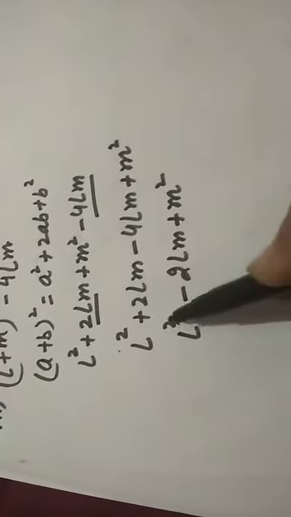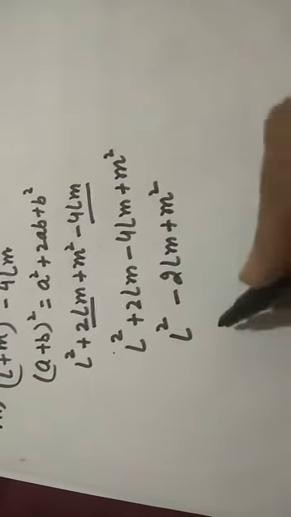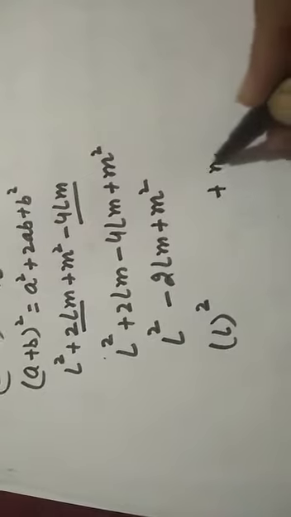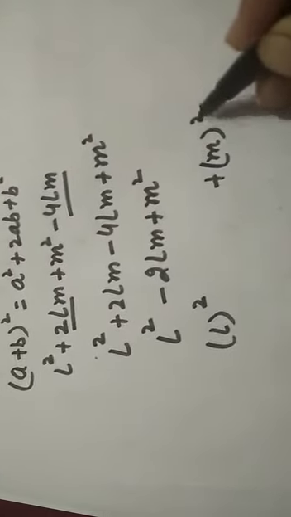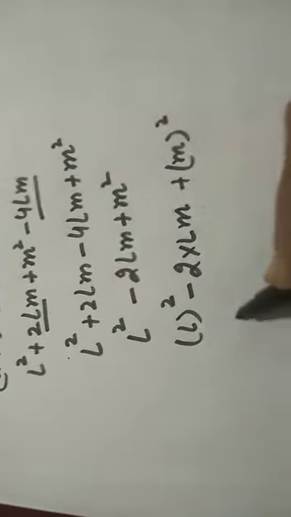Now we'll factorize this one. This was the simplification. Now we have to factorize l square minus 2lm plus m square. Now just see, this is a square and this is b square, with minus 2ab.